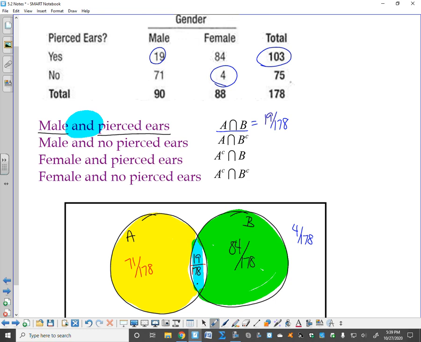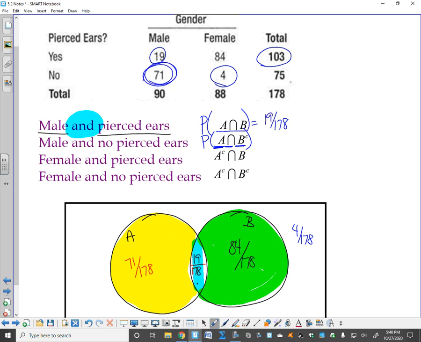Okay, male and no pierced ears. Now look, because you're going to have to write this part that's in black right here. Male and intersection, the complement of pierced ears, not pierced ears. So I'm finding the probability of male, that's yellow, and not pierced ears.